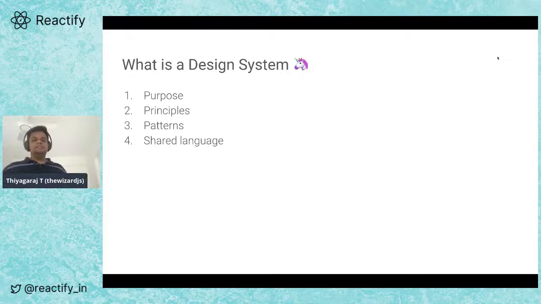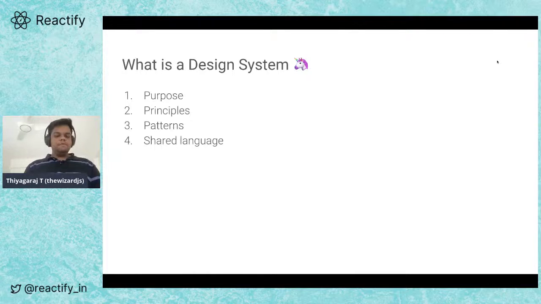I think you can take this as a benchmark for a design system. So there are four things. One is purpose, principles, patterns, and shared language. So we'll be talking about all these four, and we'll be mostly focusing on the third, that is patterns, and we'll try to understand what exactly patterns are.